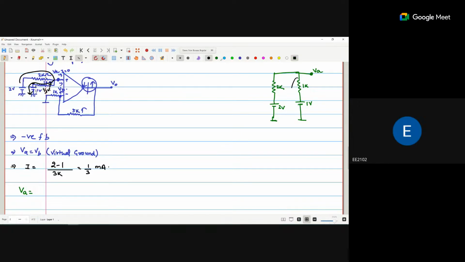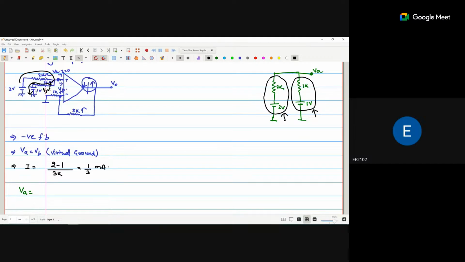Either the voltage drop across this branch or the voltage drop across this branch, because both branches are parallel, and you know that in the parallel scenario the voltage will be equal. So that means either we consider the voltage at first or we consider the voltage at second.